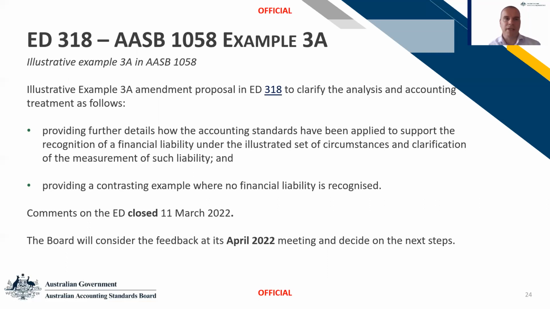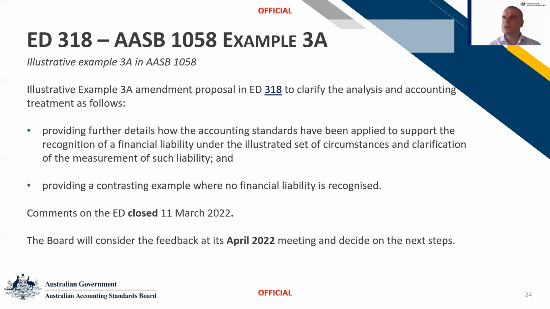It's example 3A, where stakeholders raised concerns that the example was potentially unclear, as it doesn't sufficiently explain whether a financial liability is recognized under the illustrated scenario, for what portion, and how it is recognized.